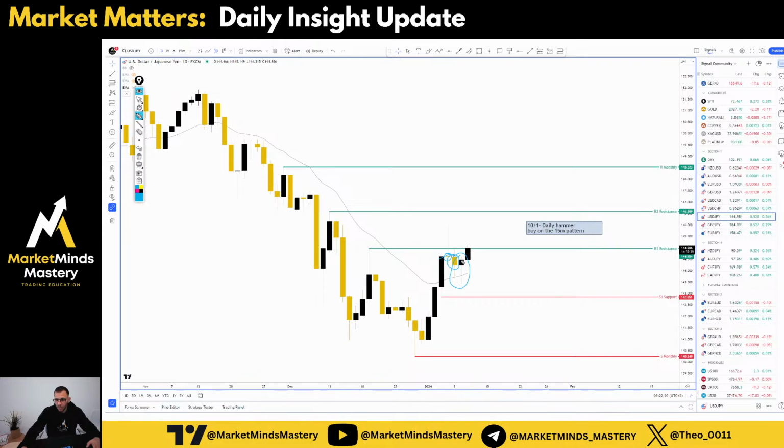Actually, we understand that this price formation here, this hammer, is a good price to look for long positions in the anticipation of the trend continuation.